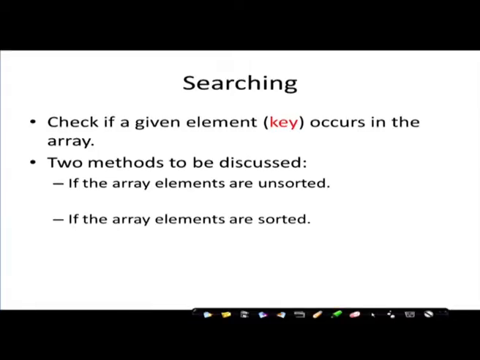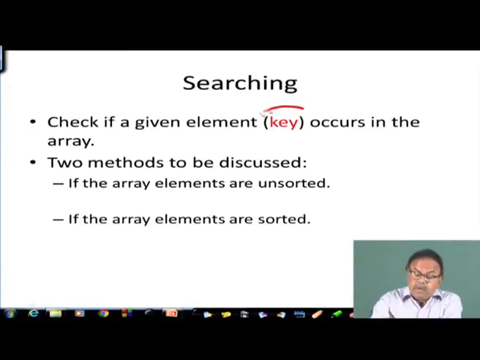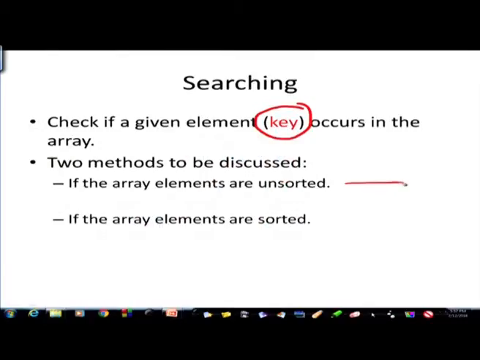So, we know that in a search we are given a key which we are searching for, a particular key that we want to find out. If the key is present in the array, then we have to say that the key is present and also the position where the key is present, all right. Now, we will consider two cases. One is that the array is unsorted.